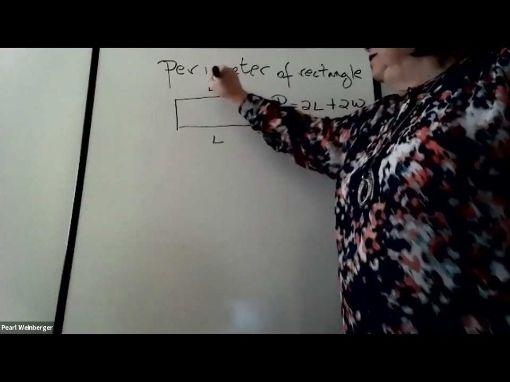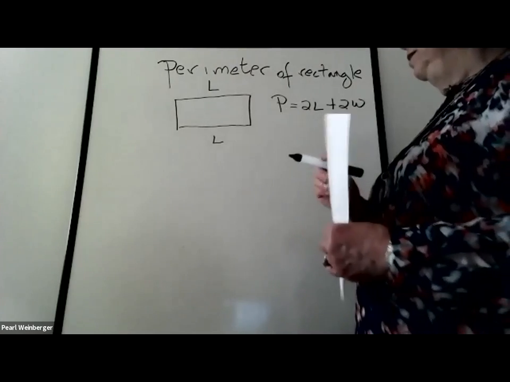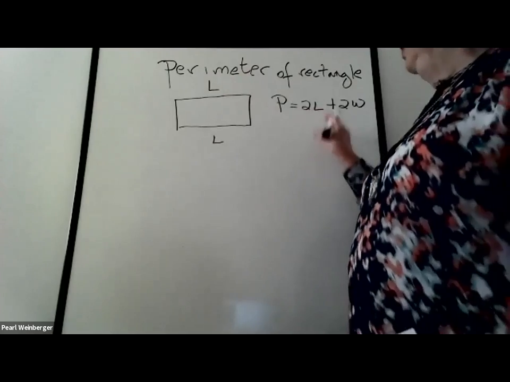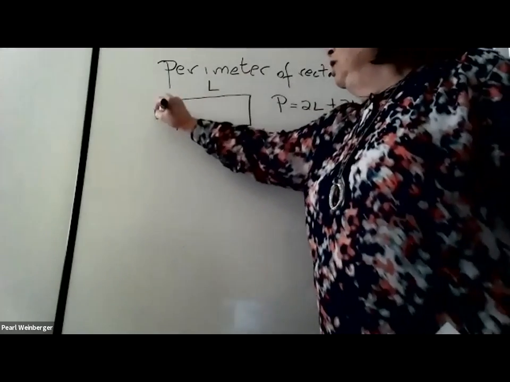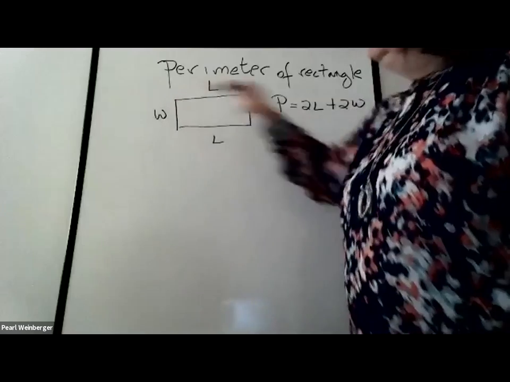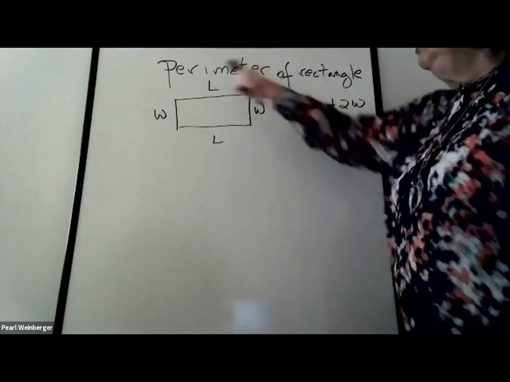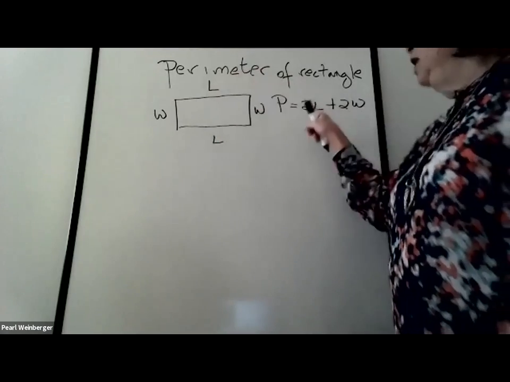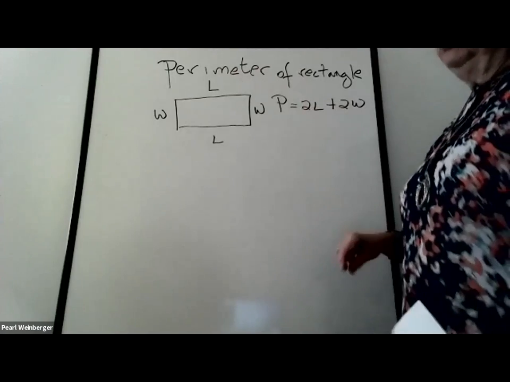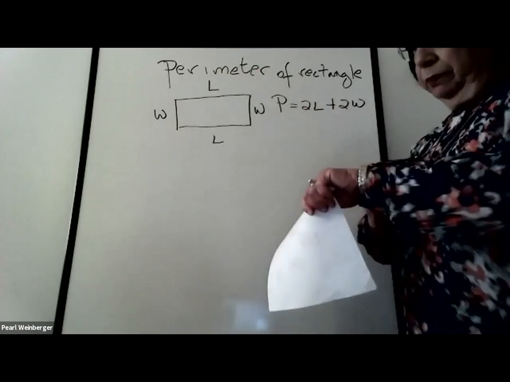The opposite side is also the same, so that's also L. And the smaller sides we usually call the width. This would be one width, and this would be equal because the two opposite sides are always equal. So if you add up all four of these, you would get 2 L's and 2 W's. So the formula for the perimeter is P equals 2L plus 2W.